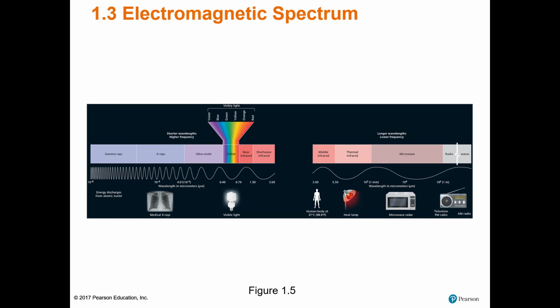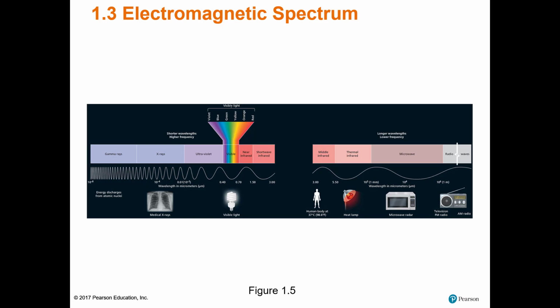Energy discharges from atomic nuclei down in the gamma ray area. Medical X-rays are shown next, and then visible light. There's a light bulb showing you visible light, which to our eyes is white or bright, and you can see that visible light is actually made of different colors: violet, blue, green, yellow, orange, and red.